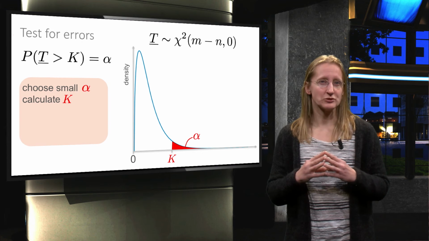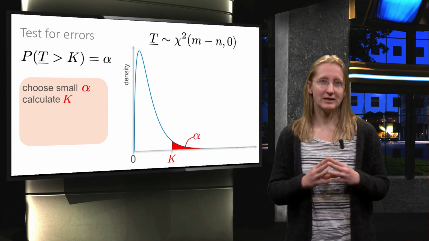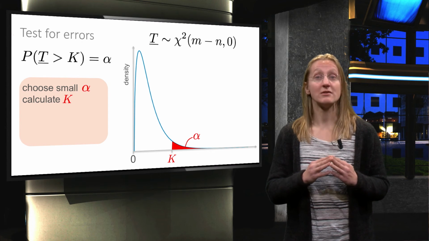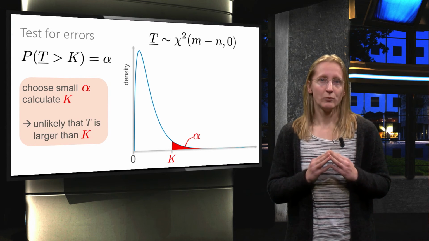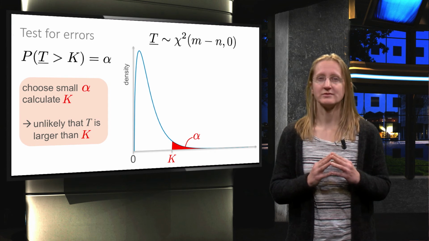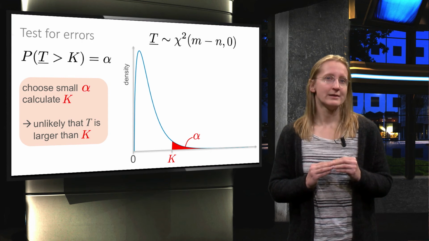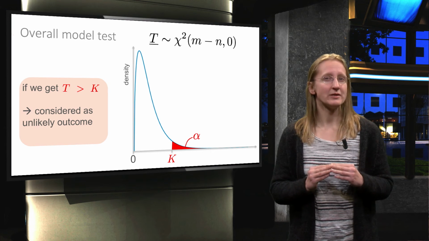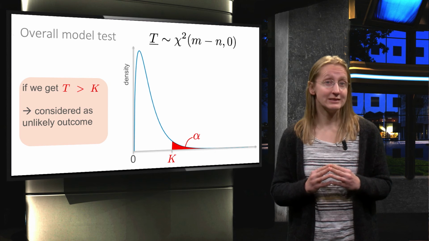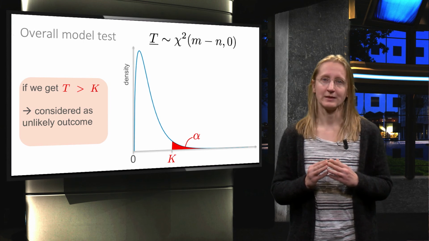If then we have a certain realization of t based on the observations we collected, we can check whether it is larger than k. We know this is unlikely to happen since we chose a small probability alpha. Therefore, we conclude that something must be wrong with the observations or our model if t is larger than k.